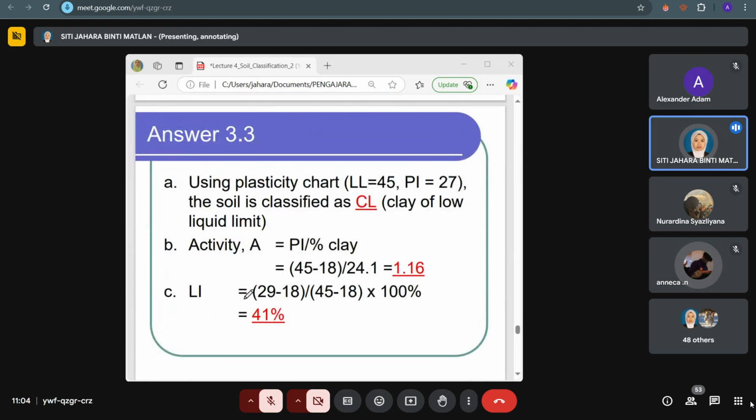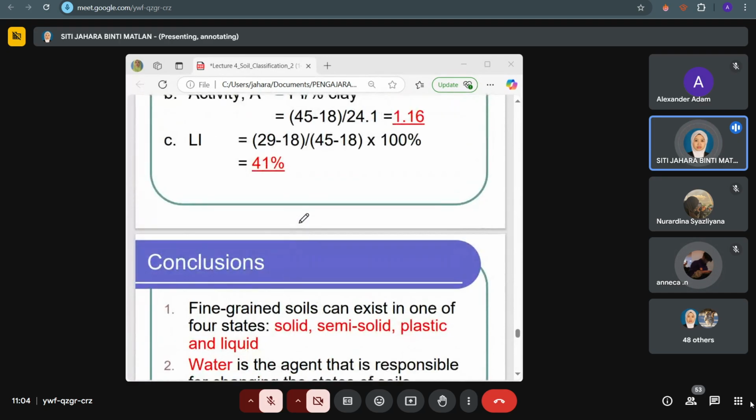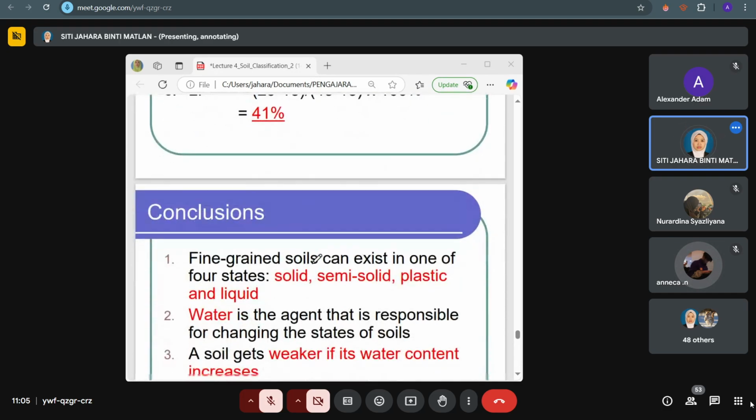Just calculate and you can get the value. Then from the value you can interpret the result, such as A equals 1.16, what does that value indicate? Also LI equals 41%, how can we describe this value in terms of strength and so on?